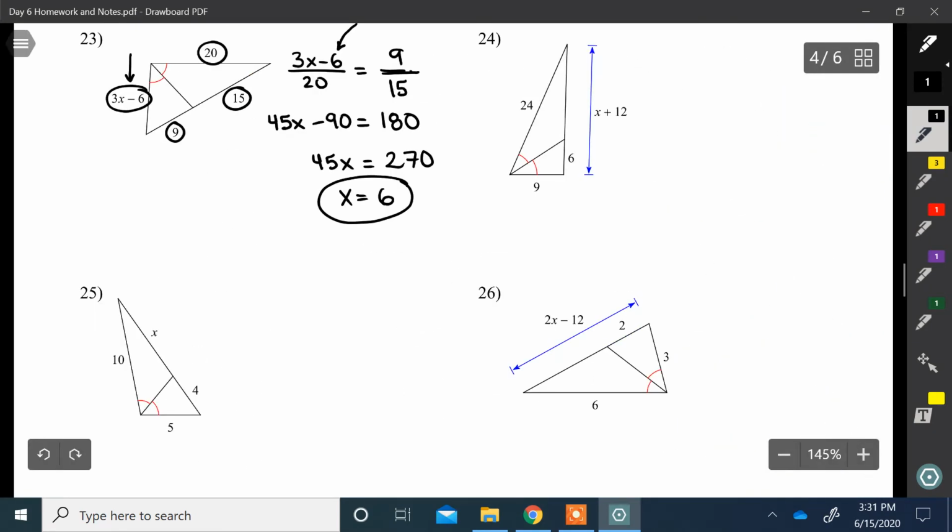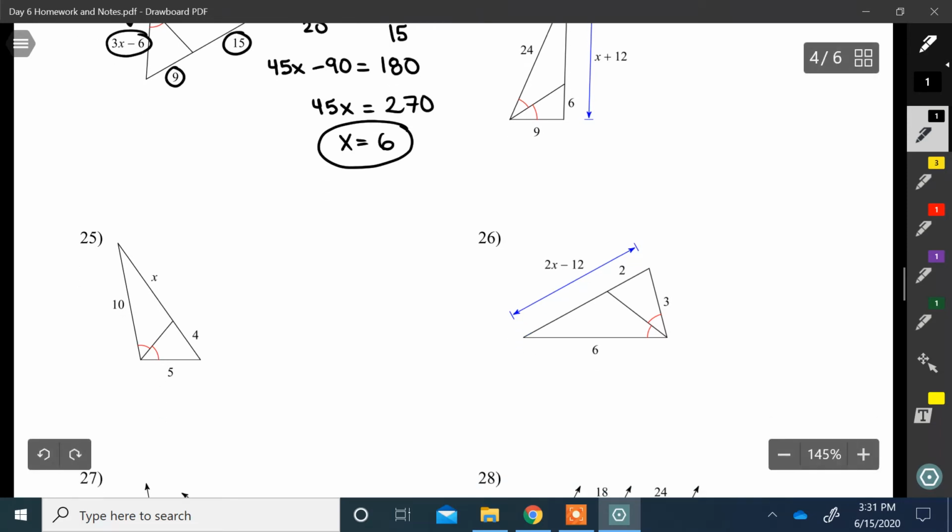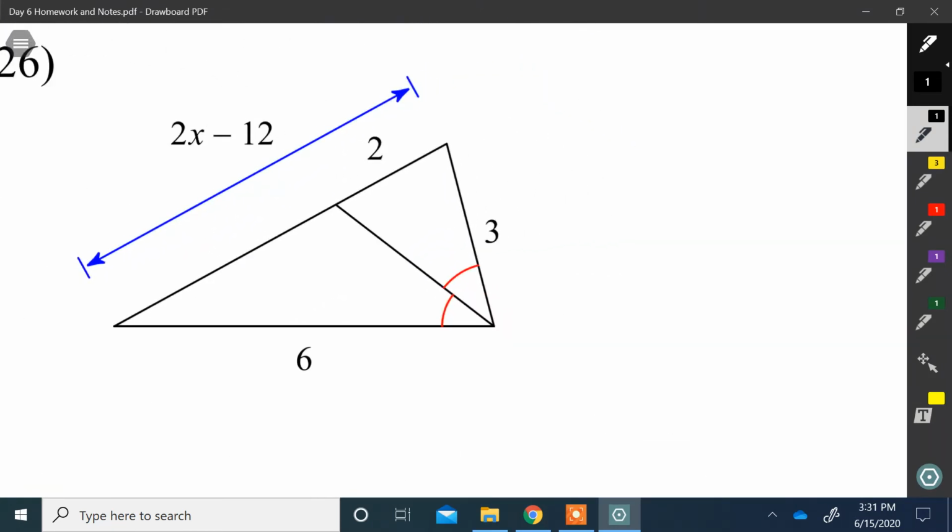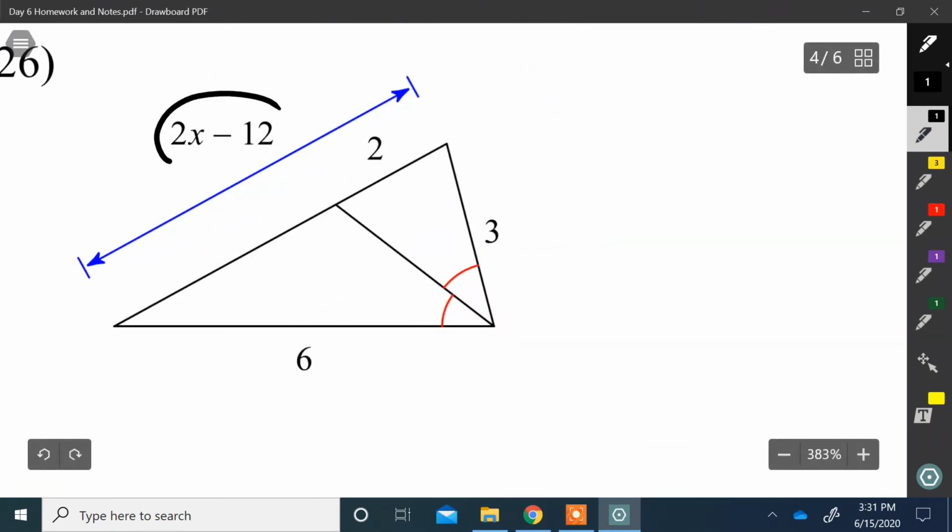Okay. I'll let you do number 25 since that one is pretty easy. Number 26 looks a little more challenging, so let me actually do that one for you. This one here, the whole thing is 2x minus 12.